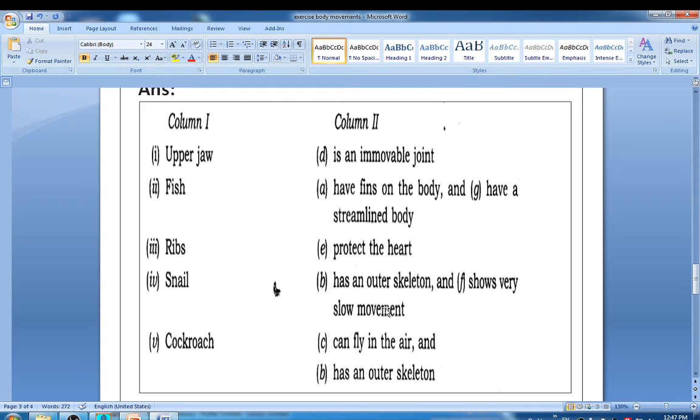Snail: there are again two answers, that the snail has an outer skeleton and shows very slow movement. Check whether the answers you have written are correct or not. If you have written something wrong, correct it. Then the last one: the cockroach can fly in the air and has an outer skeleton. So take a screenshot of this and check the answers that you have written in your notebook.